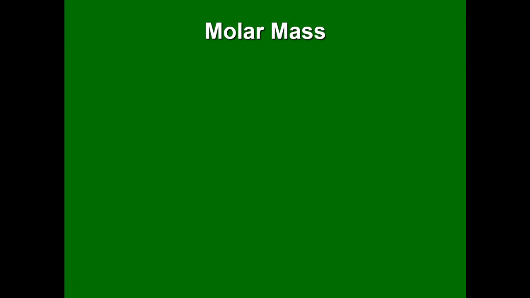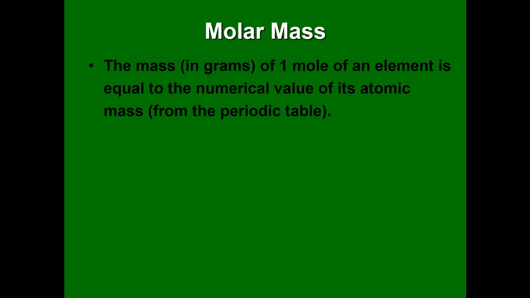So molar mass is essentially the mass of 1 mole of any substance. Since we talked in the previous video about Avogadro's number, the concept of the mole, its purpose is to allow you to take atomic masses off the periodic table and convert them into molar masses by simply changing the unit from atomic mass units to grams.